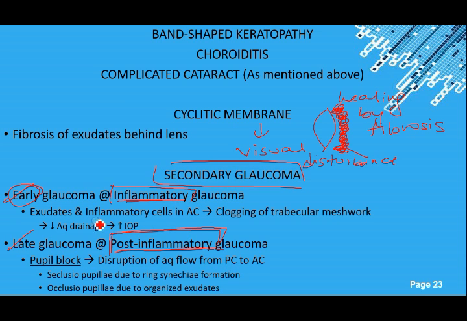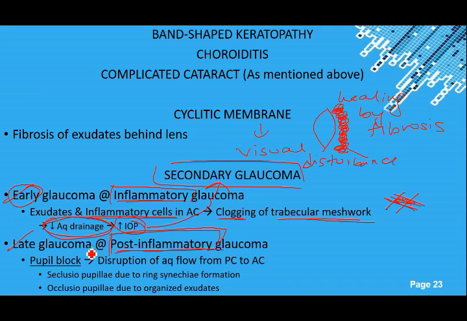There are going to be a lot of inflammatory cells in the aqueous chamber, and they are going to clog the trabecular meshwork. If your trabecular meshwork is clogged, your aqueous drainage is decreased. When aqueous drainage decreases, what happens to intraocular pressure? Increase. This gives rise to secondary glaucoma. Simple.